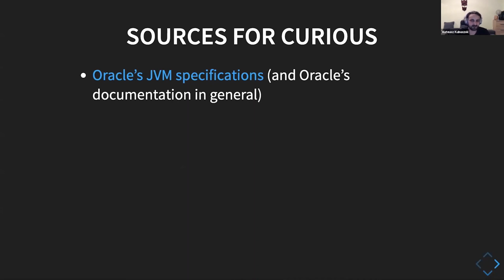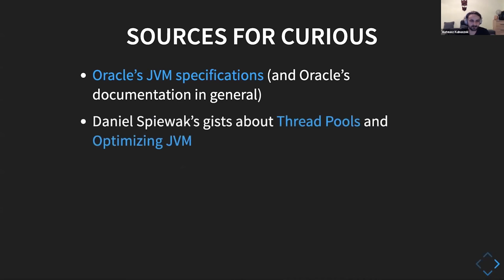I think there's everything there, or almost everything. Daniel Spiewak also has really nice guides about thread pools and about fast JVM tips. The whole Alexey Shipilev blog is about different pitfalls of optimizations and what the JVM does underneath. So it's also a great read.